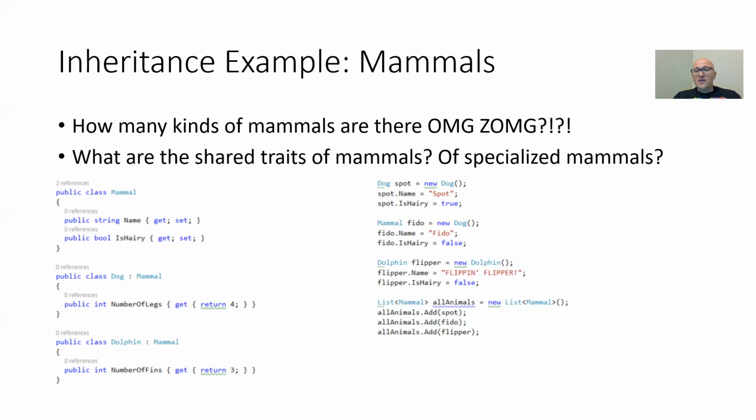And dog and dolphin are different classes, right? But we can store them in a list or an array of their parent type. So you can see down here at the bottom, we've got a list of mammals called all animals, and we can add a dog object and a dolphin object to these classes, okay? So let's write some code.